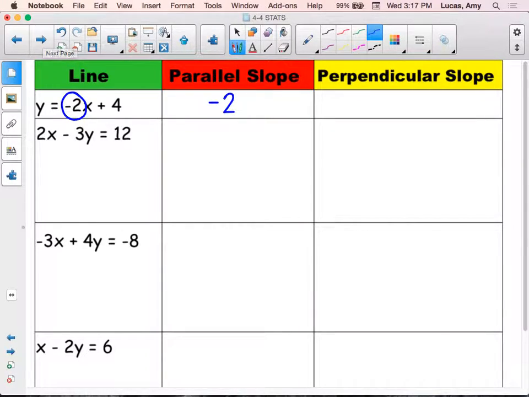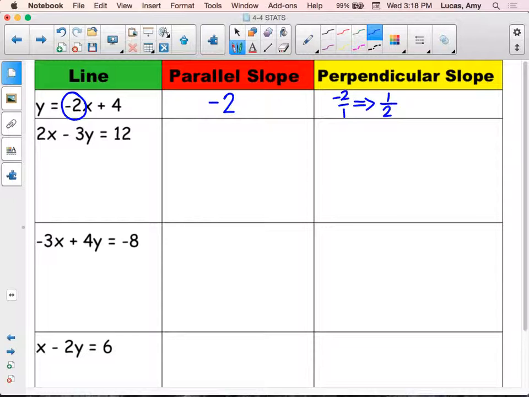So the slope of any line parallel to that original line would be -2 also. Then perpendicular slopes, we say flip and change. So that means the reciprocal of the fraction and the opposite sign. So the perpendicular slope for -2 would be +1/2.